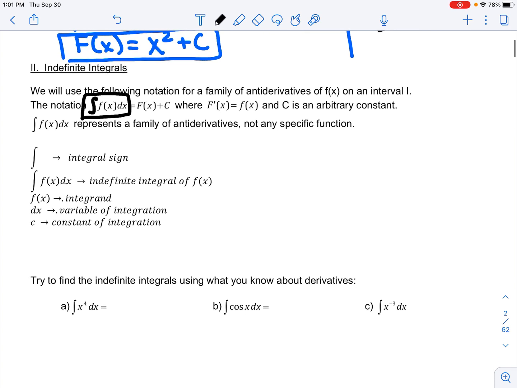This symbol right here is called your integral sign. So I would say the integral of f of x. The whole piece right here is called an indefinite integral. The f of x piece is called your integrand. The dx is your variable of integration. And then the c that comes in our answer is your constant of integration. That should always be in your antiderivative answer for an indefinite integral.